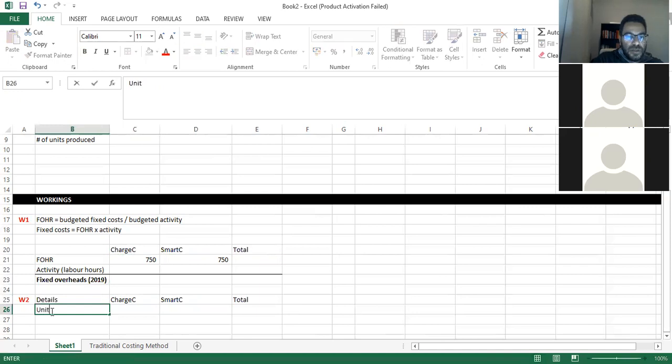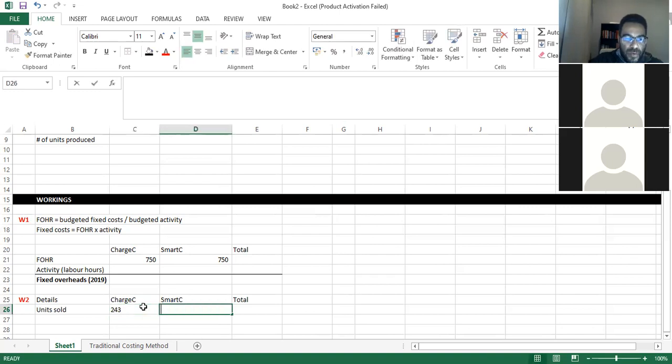So units sold. What was units sold? In 2019, it told us somewhere: the budgeted sales units in 2020 will be the same as the actual sales attained in 2019, 243 and 129. Okay, so units sold 243, 129.